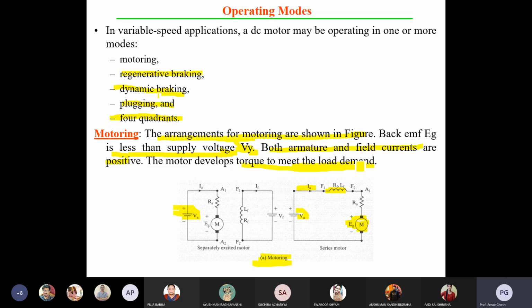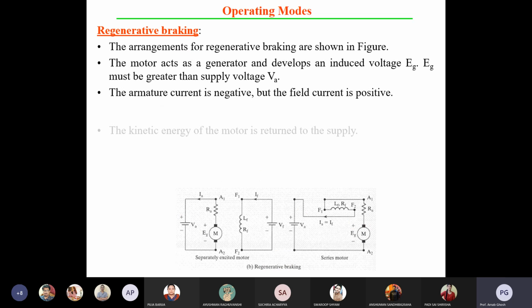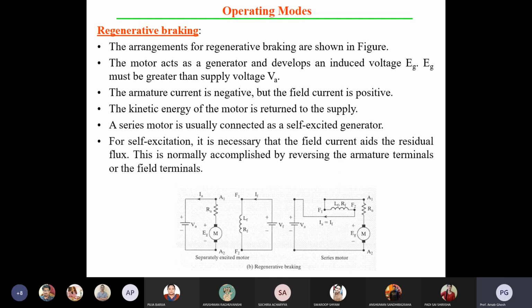If you can recall the four quadrant operations in your electric drives, from that book, four conditions were there: motoring conditions, generating conditions. One diagram was there, with a pulley, then a counter load and your motor load.